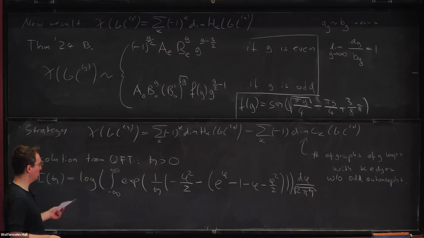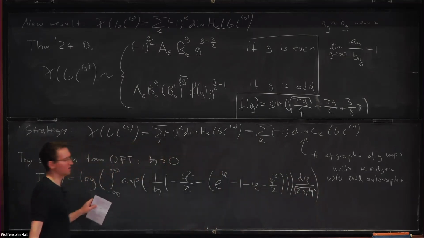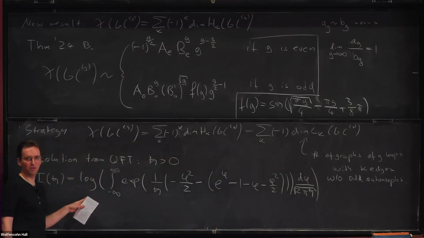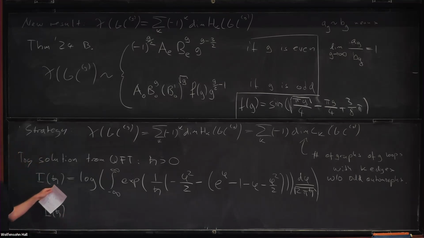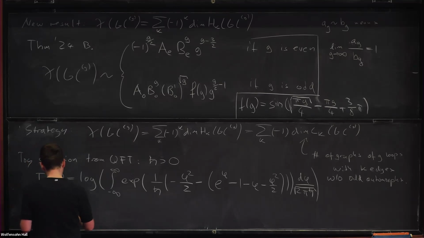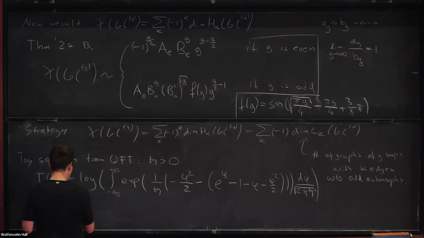This looks like a very strange integral to consider, also with the log, but it's completely natural from a quantum field theory perspective to look at something like this. Every quantum field theorist can tell you that it follows from this that this function I of h bar has an asymptotic expansion for very small h bar.